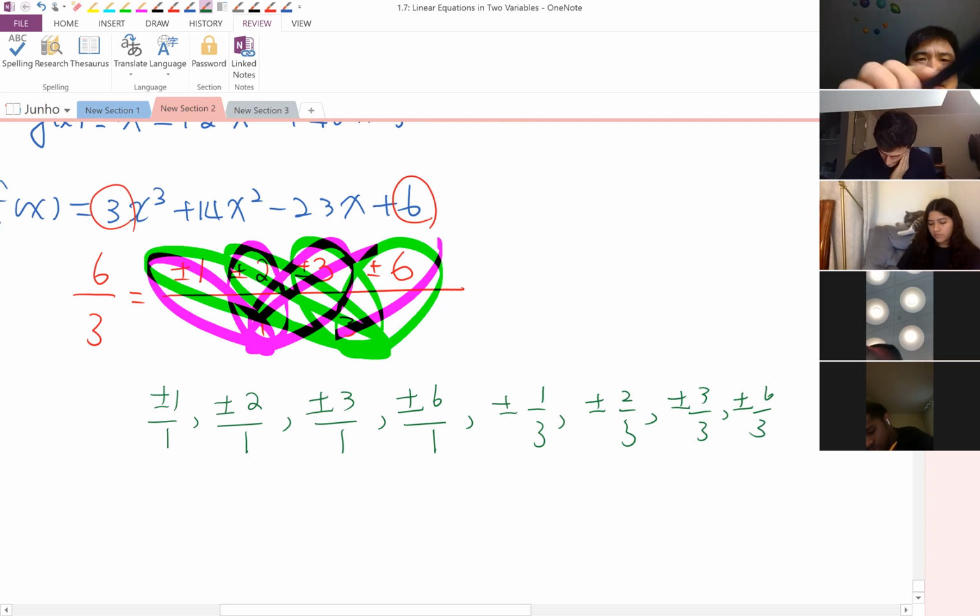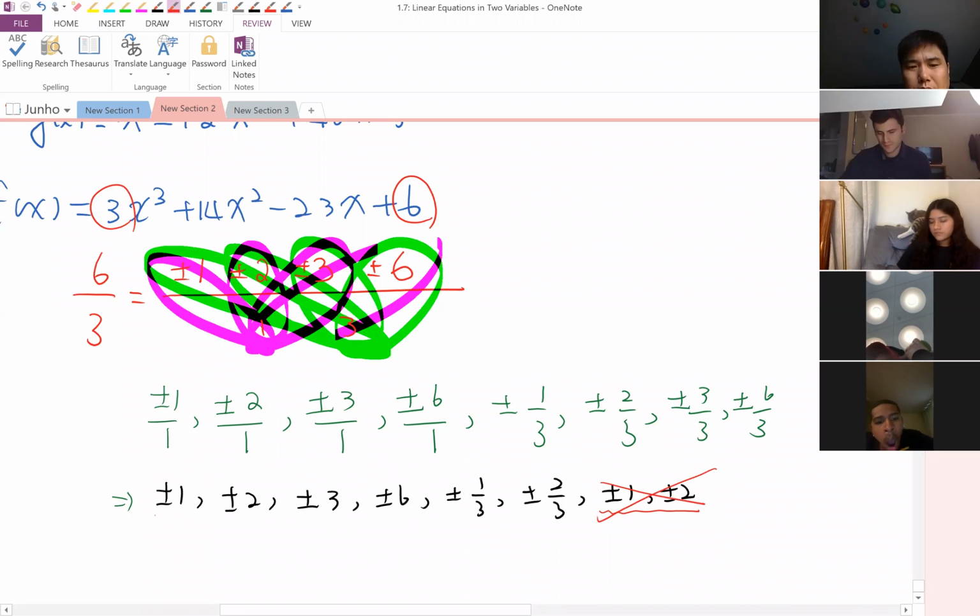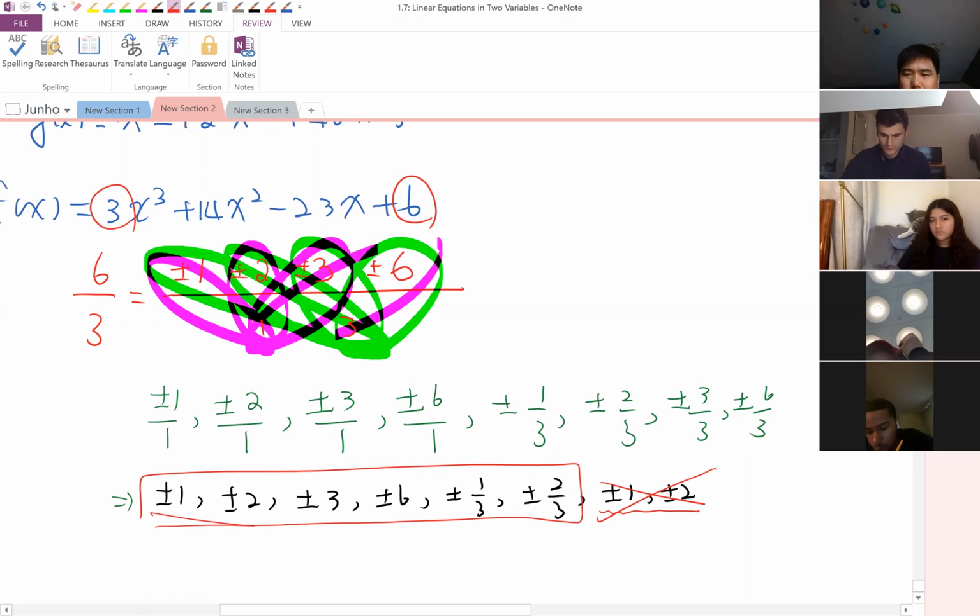Now simplify, then you will get plus and minus 1, 2, 3, 6, 1/3, 2/3, 1 and 2 again. But they are repeating values, so we don't need those. I can delete them. So these are all the possible zeros.